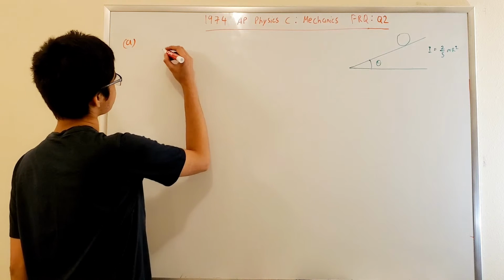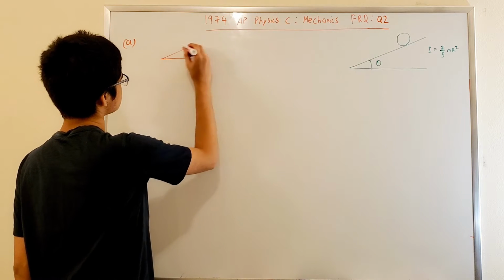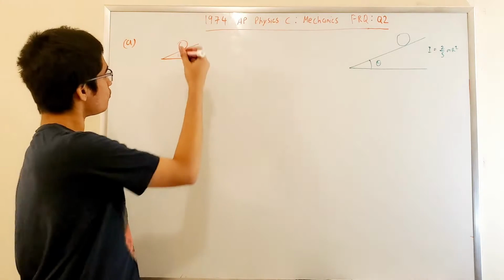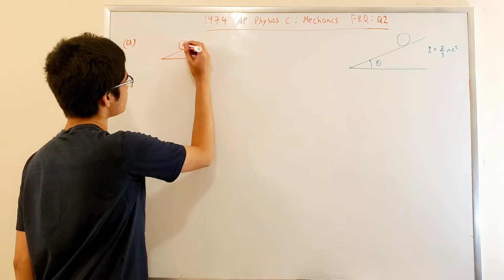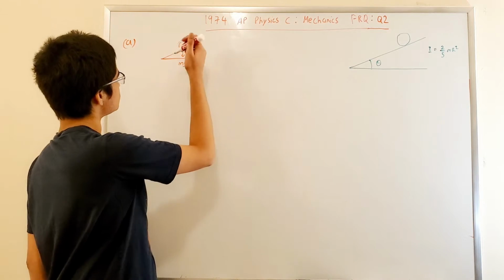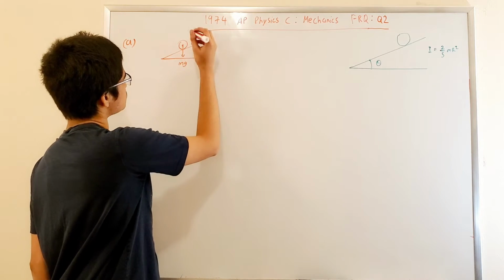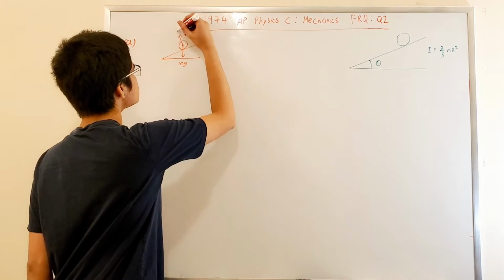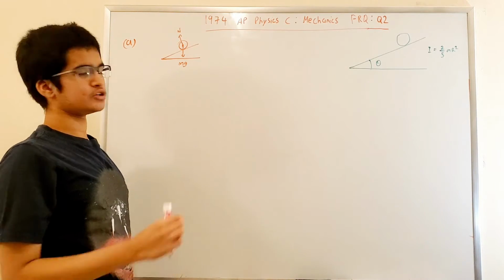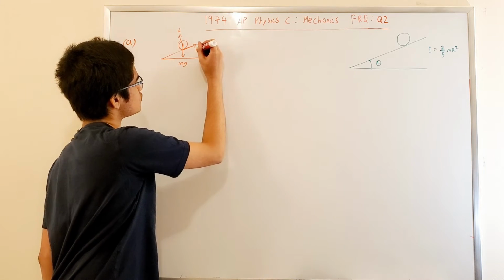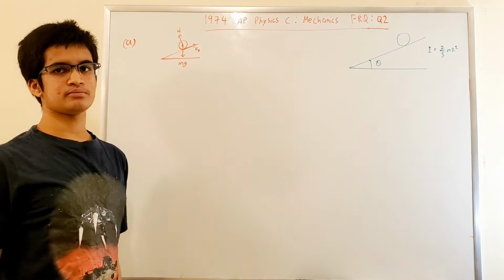So here's our sphere, and we know that there is a gravitational force, mg, and a normal force from the surface and a frictional force pointed up the incline.